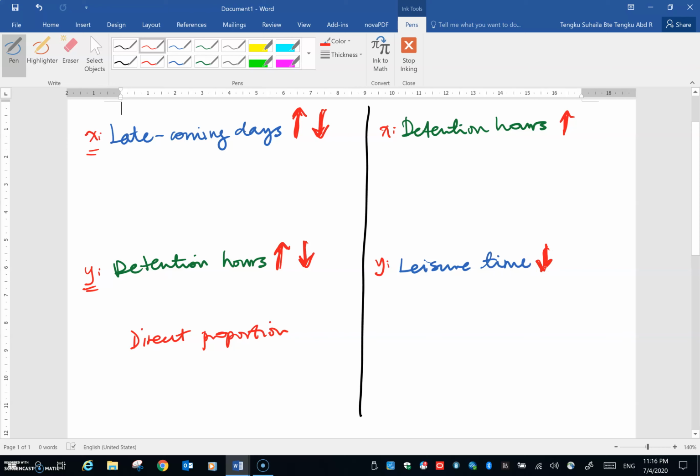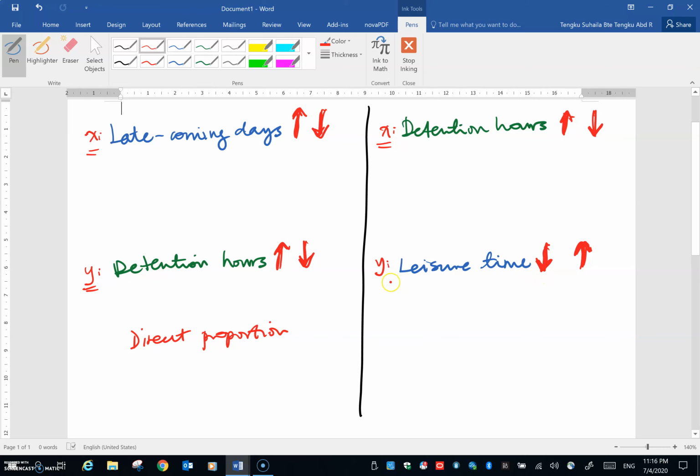Okay, and if you have less detention hours to serve in school, then you will have more leisure time to do whatever you enjoy doing. So look, when x increases, detention hours increases, then y will decrease. Your leisure time, your rest time, your fun time will decrease.